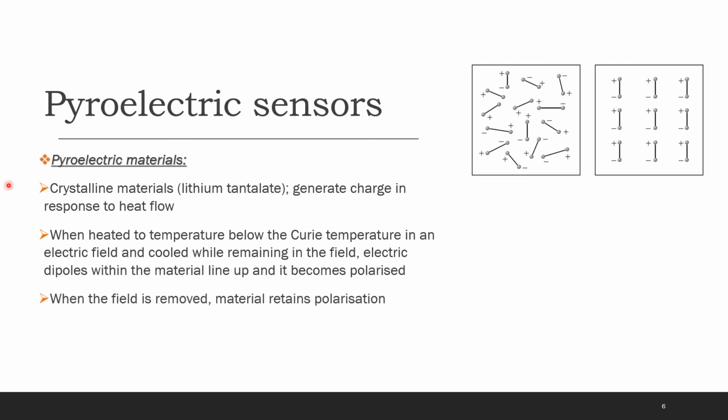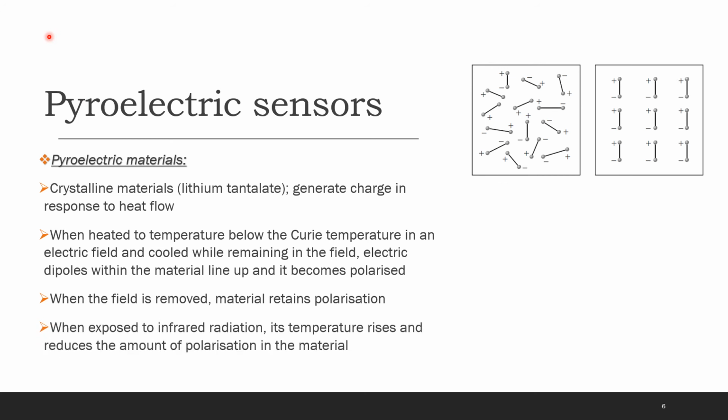Now when the field is removed, the material retains this polarized structure rather than the initial neutral structure. That is, the polarization is retained in the material even when the electric field is removed.